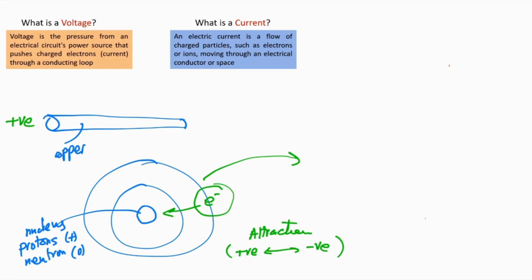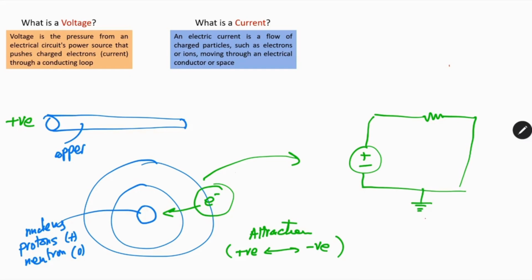With the exchange of electrons and the holes of the copper, it provides the movement of the current. In an electrical circuit, for example, if you have positive and negative, a resistor and the ground, this force will normally produce the flow of the current.